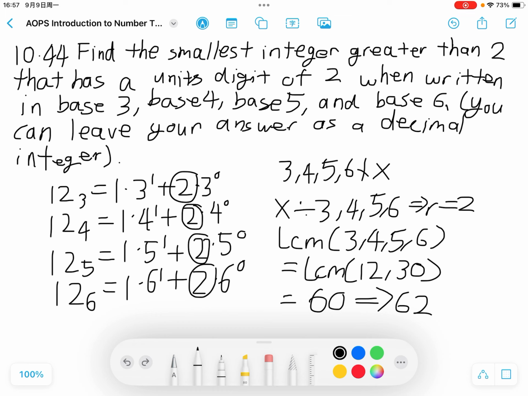So if we convert 62 into base 3, base 4, base 5, and base 6, it will give us 2 times b to the power of 0, where b is the base we convert it into, namely 3, 4, 5, and 6. So our answer is just 62, and we leave it in base 10 because it says you can leave your answer as a decimal integer.